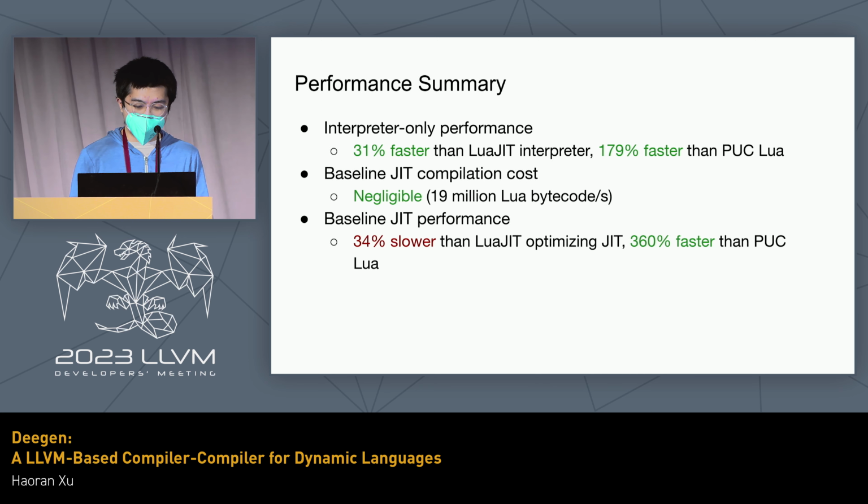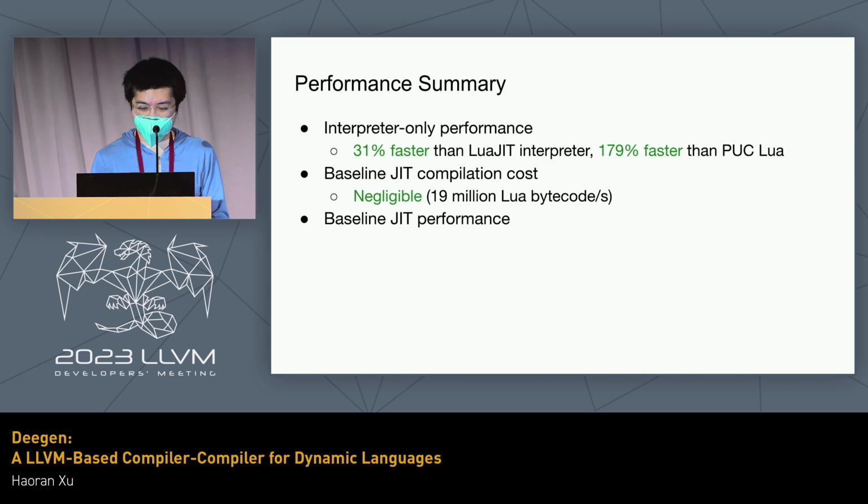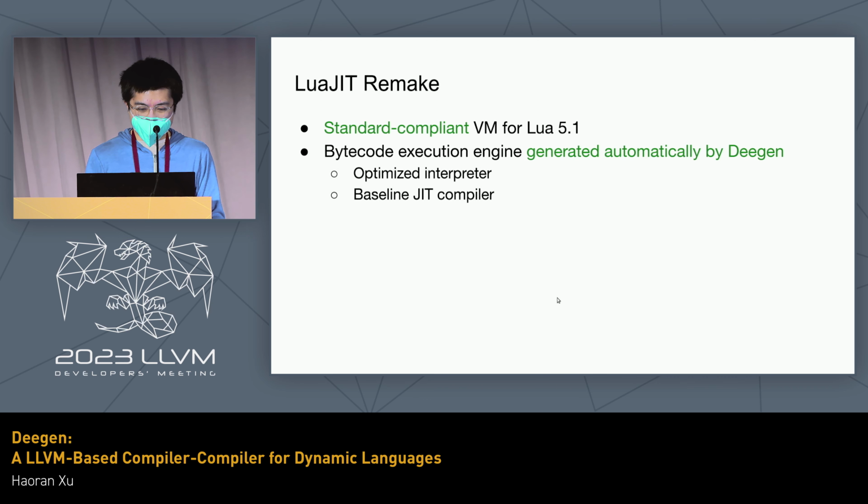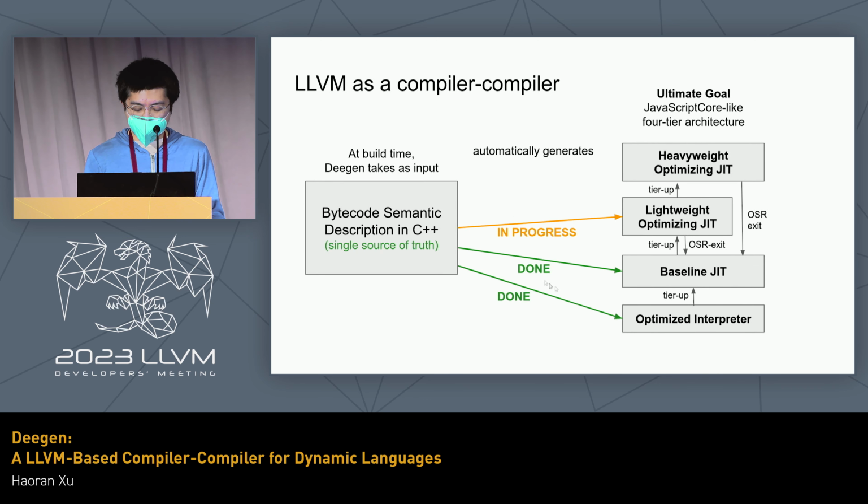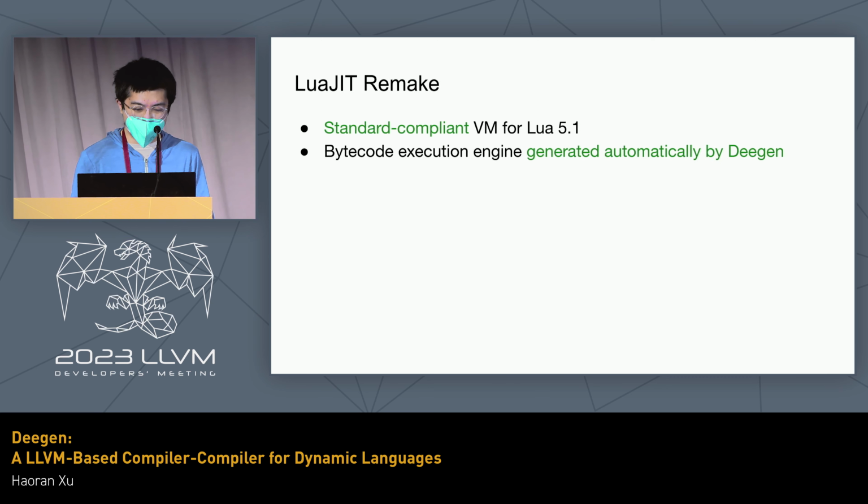Here we are comparing our baseline JIT performance against LuaJIT's optimizing JIT performance, so it's quite natural that we are slower. Once we complete the optimizing JIT part, hopefully we can eventually have higher peak performance as well.